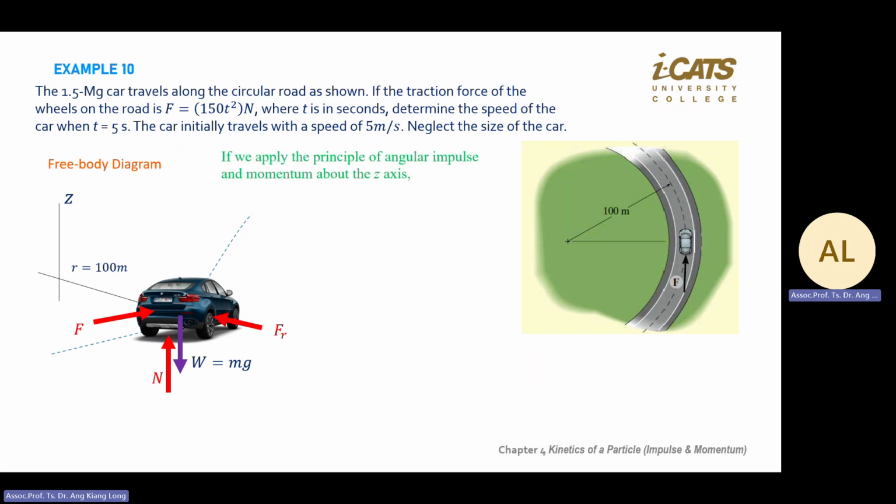So if you apply the principle of angular impulse and momentum about the z-axis, if you use the right hand rule, you know that the motion is going this way, so your z is coming out from the screen.